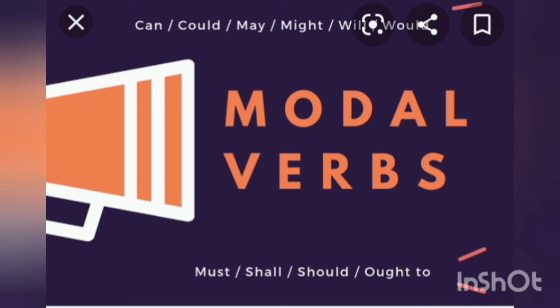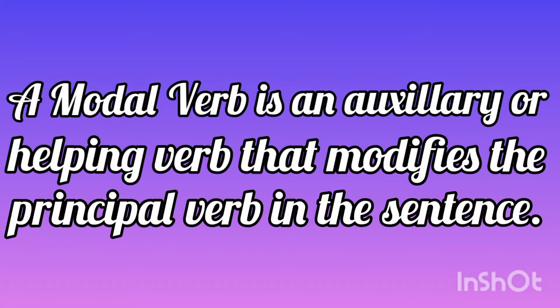So, what are modals? Modals are auxiliary verbs or helping verbs that modify the principal verb in the sentence. A principal verb denotes some action or activity like to play, to study, to sing, to dance, etc. So, a modal verb provides some information about the principal verb in the sentence.